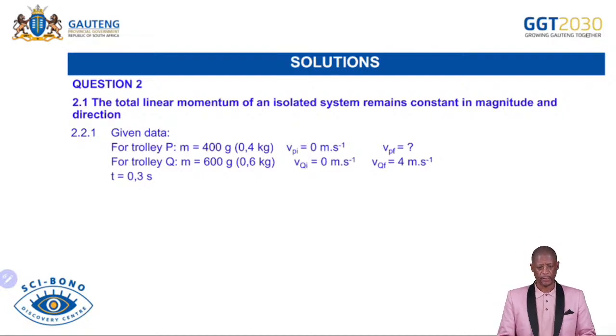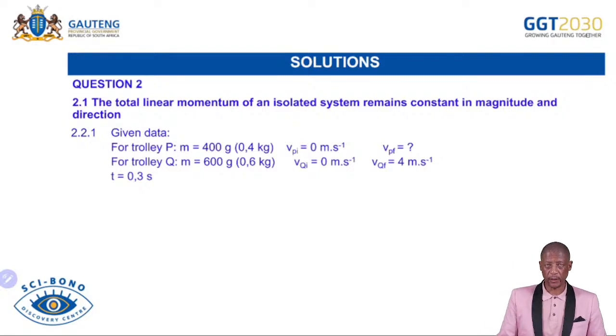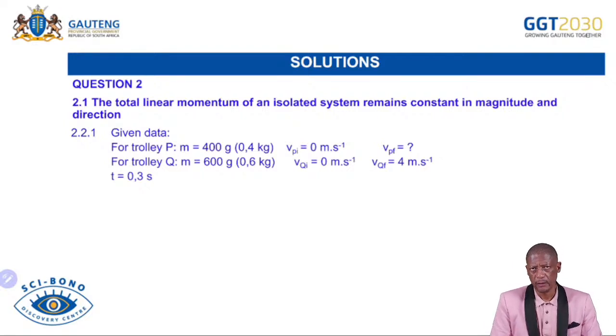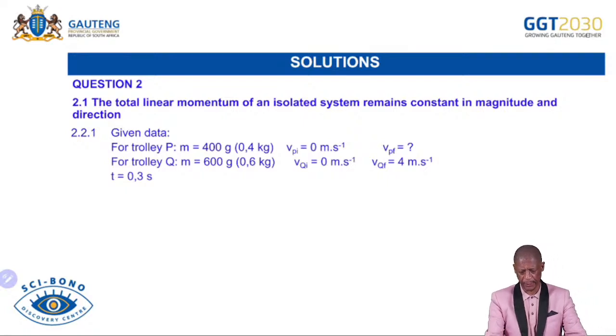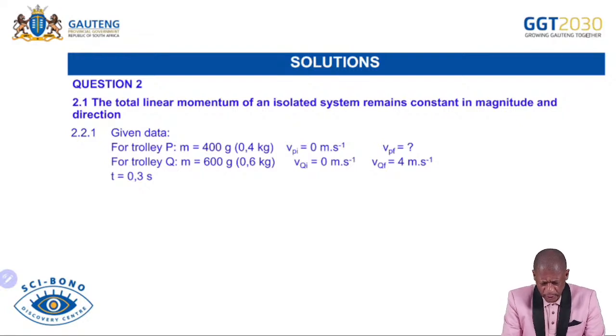Now, I've gathered the data for us that is going to be used to calculate the velocity of P. Right. What does it say? We've got the trolley P with the mass of 400 gram.